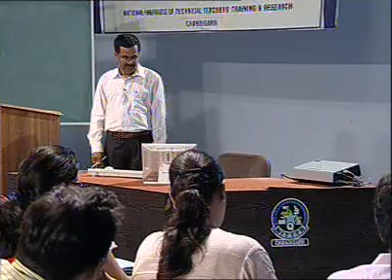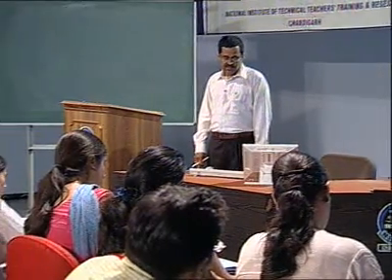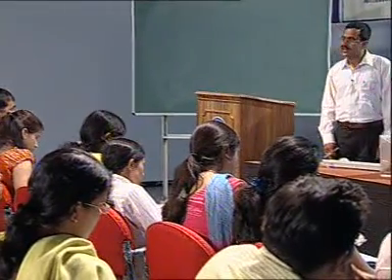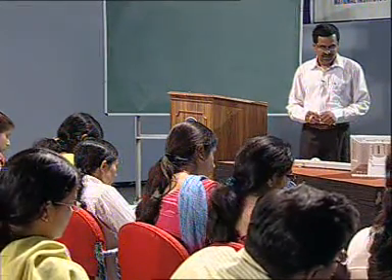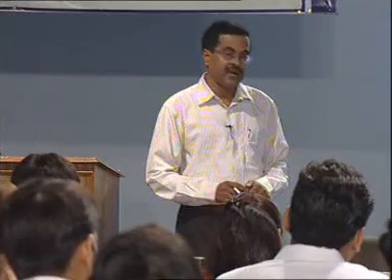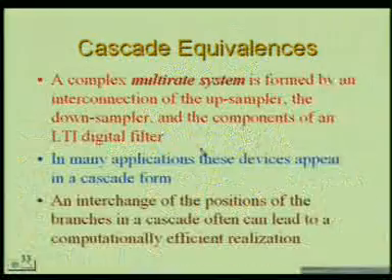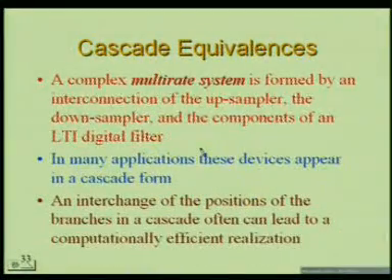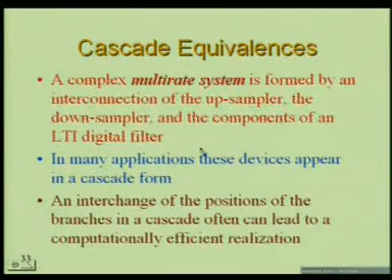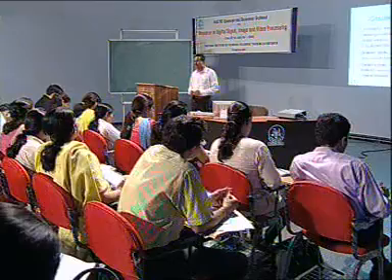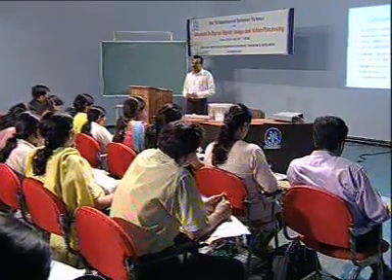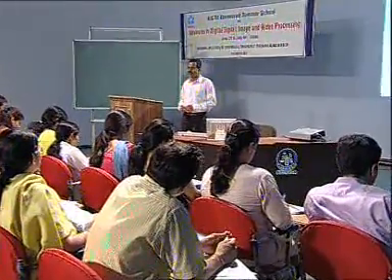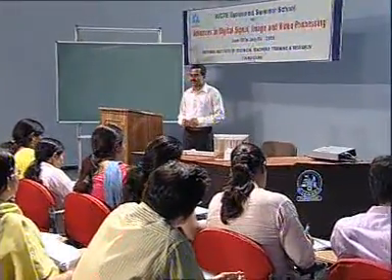In many applications, these devices appear in a cascade form. An interchange of the positions of the branches in a cascade often can lead to a computationally efficient realization. Always we should think of a computationally efficient realization. I will explain what I mean by computationally efficient.